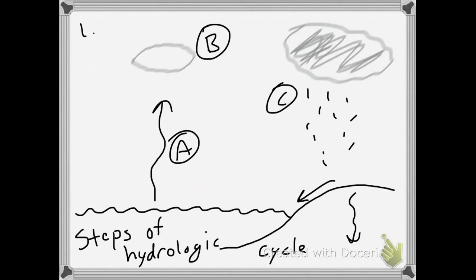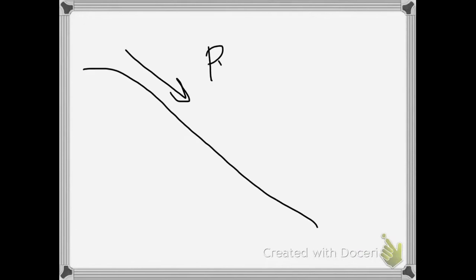That's condensation. And what falls out of the sky? Precipitation. Now we have D, when water is going into the ground. That step is called infiltration or percolation. And step E is when it can't go into the ground. It's running off. So that's runoff.